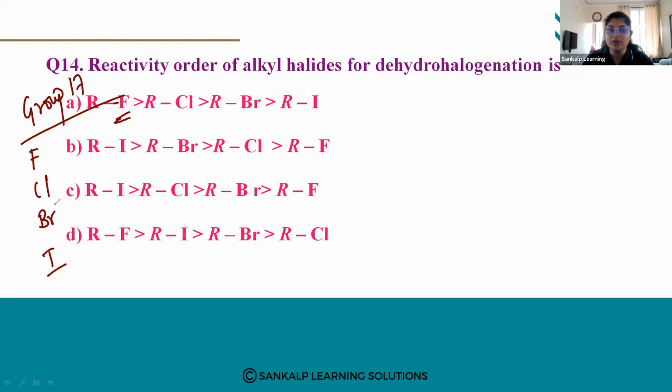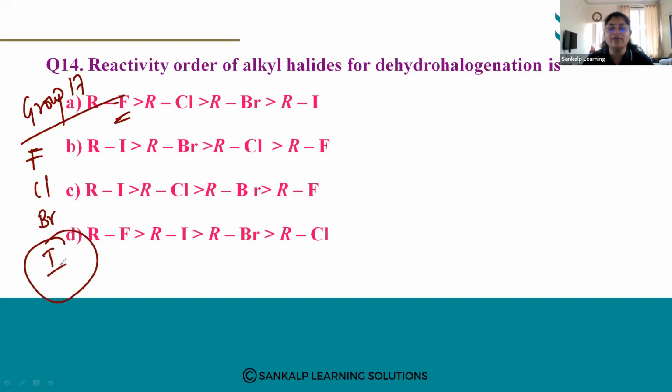So fluorine, chlorine, bromine. What will happen to the atomic size? As you go down the group, the atomic size goes on increasing, because there will be addition of a new shell.